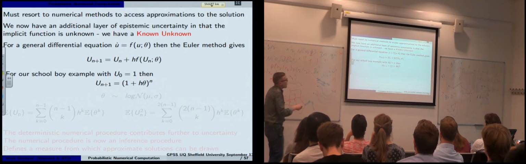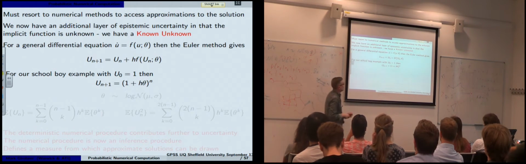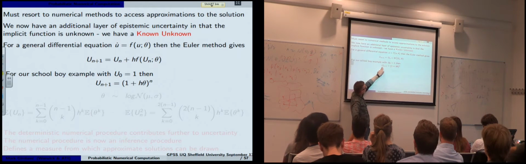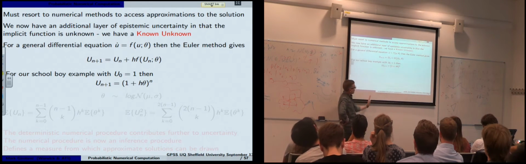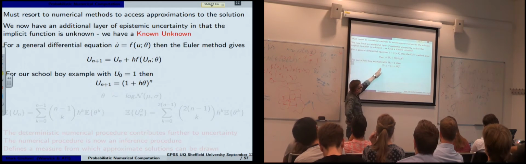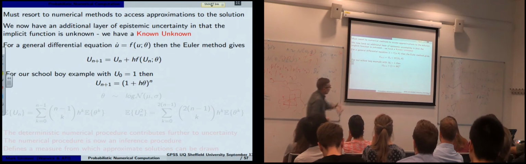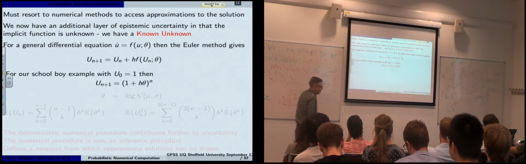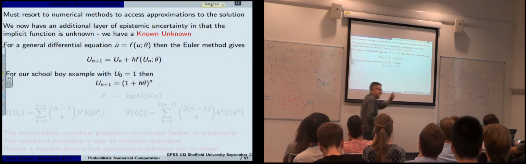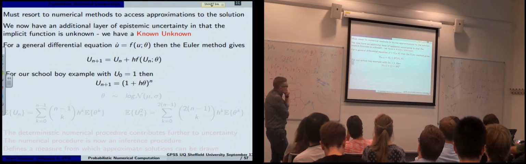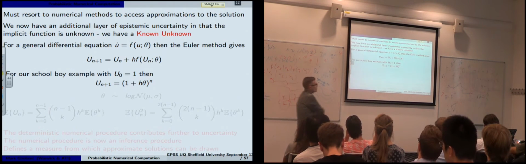So for the little example I've been working with here, if we plug in the right-hand side, then it turns out that at any of the discrete time points, the approximate solution is just 1 plus h theta raised to the power of n, where n is the discrete time point. So we've now got two sources of uncertainty.